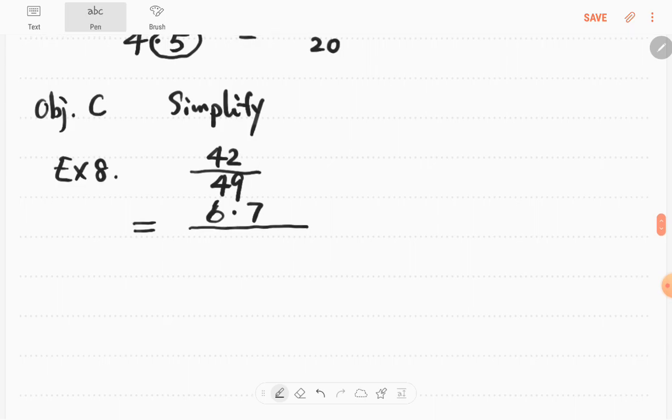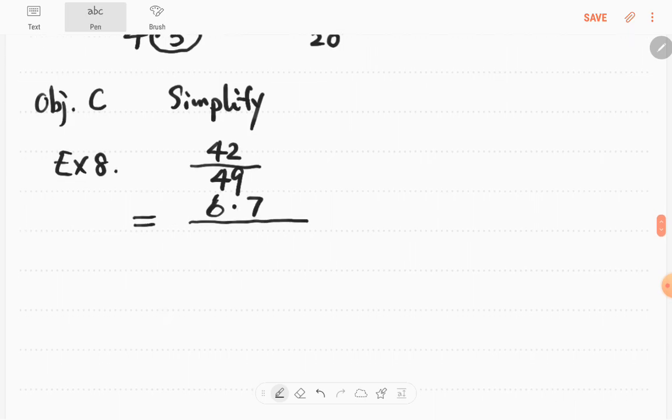Then we check the denominator 49. We can write it as 7 times 7. Now we realize we can cross out the times 7 for both the numerator and the denominator. Then we can easily get 6 over 7.